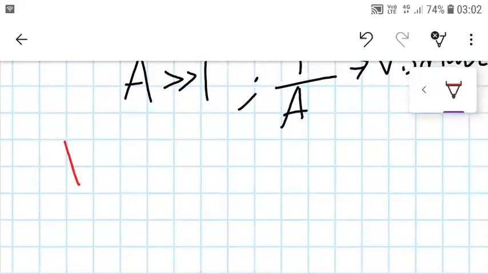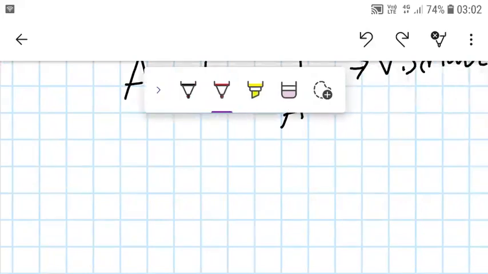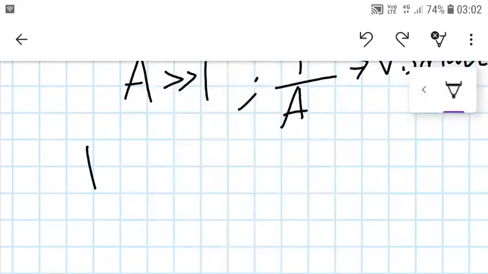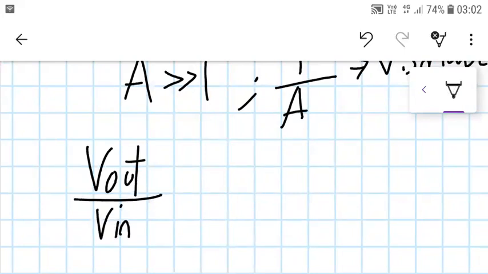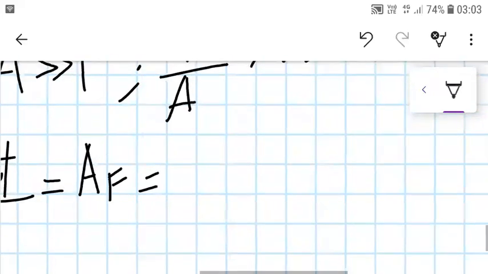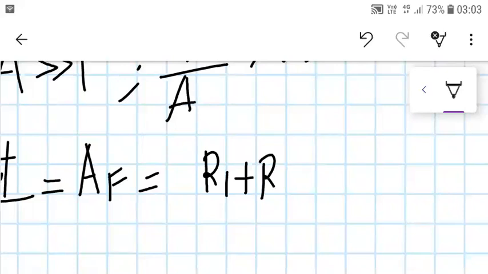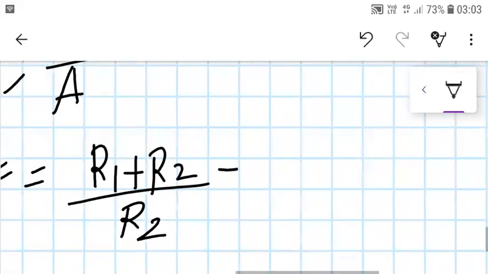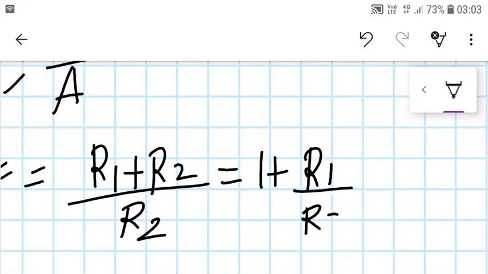We get V out upon V in, which we can also call the closed loop gain A F, with feedback. It's given by R1 plus R2 divided by R2, which we can also write as 1 plus R1 upon R2.